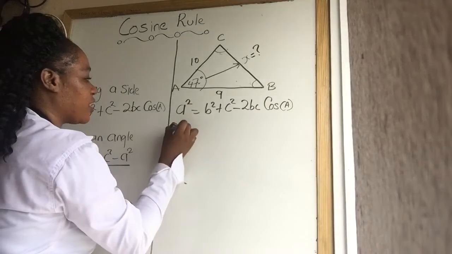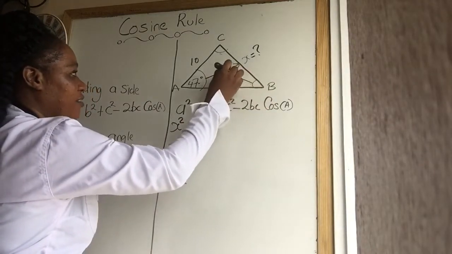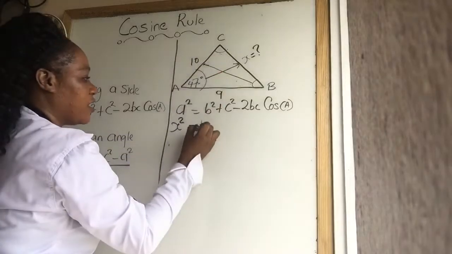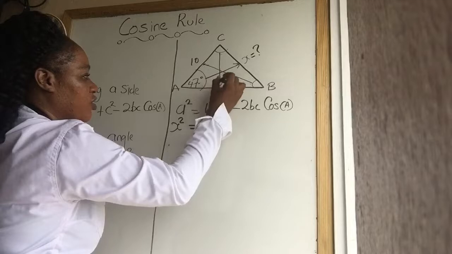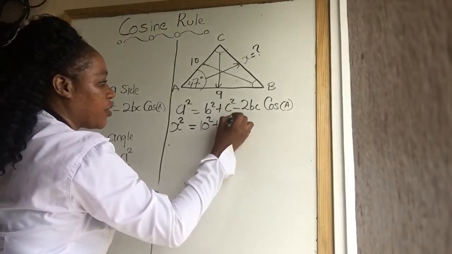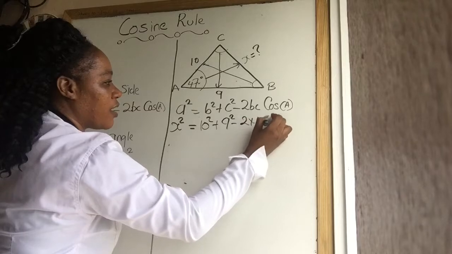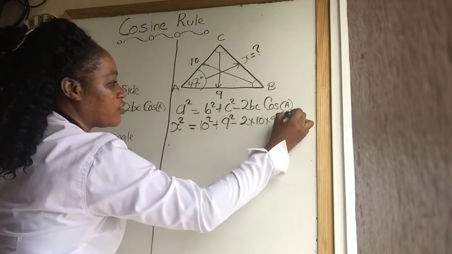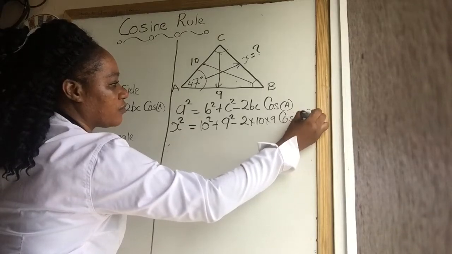So x squared is equal to 10 squared plus 9 squared minus 2 times 10 times 9 times cos 47 degrees.